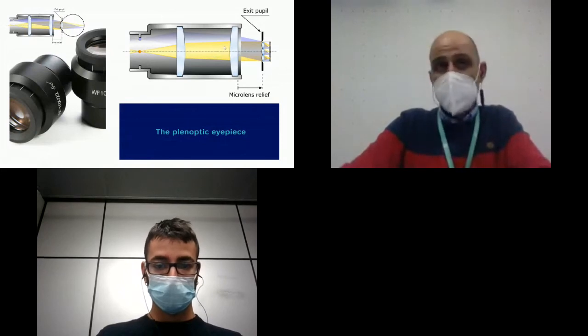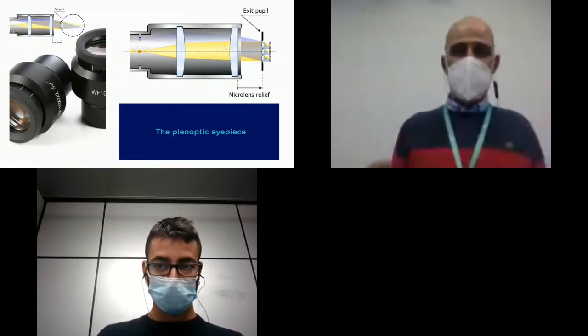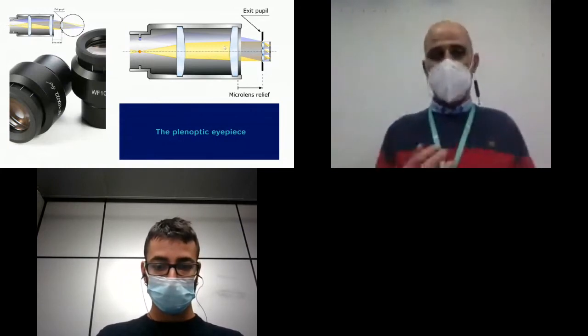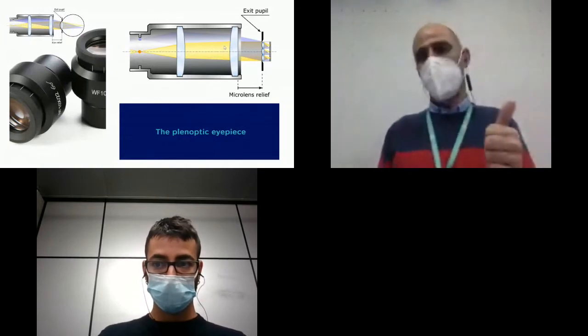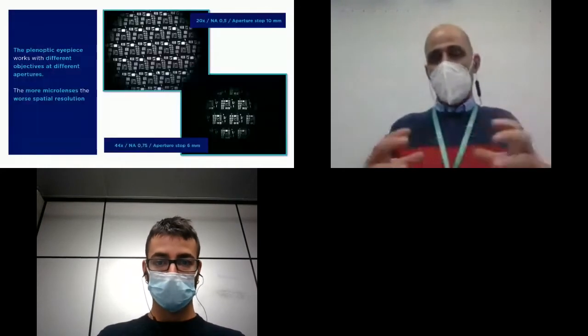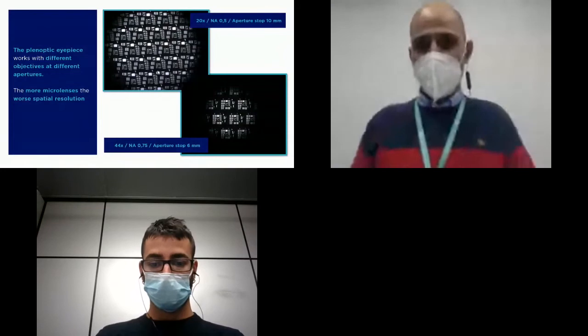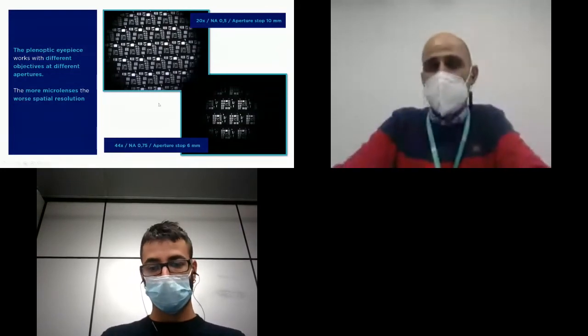And the great advantage of our system is that we can work with different objectives at the same time. We are not limited by the aperture of the objective, but we can work with different apertures at the same time. This is an example.